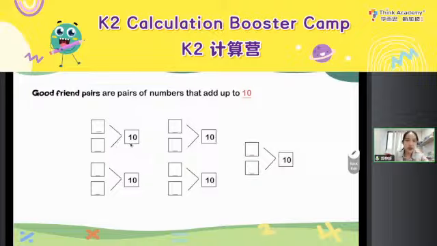For 10, if one part is 1, what about the other part? Think about the football before. If you have one football for the second row, how many footballs are there for the first row? 9 footballs.